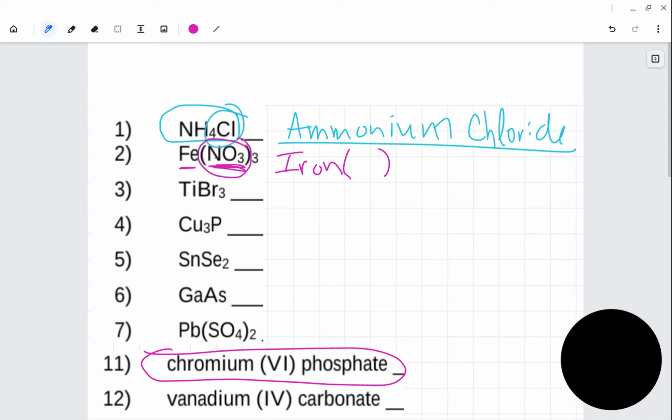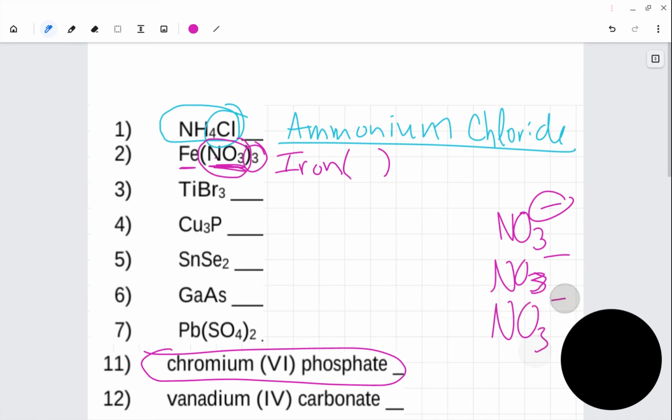If it's in a parenthesis and it's more than one element, I know I have to look at my polyatomic table. And you will see that nitrate is NO3 with a -1 charge. So if it is NO3 with a -1 charge, that means that if I have 3 of them, 3 -1 charges, I have nitrate 3 times.